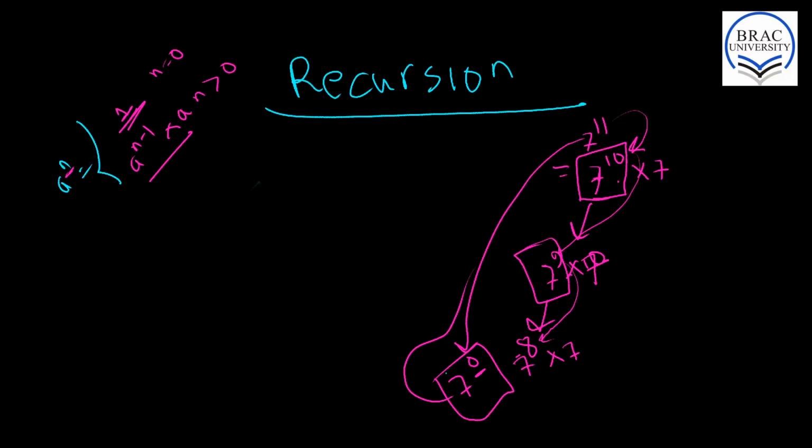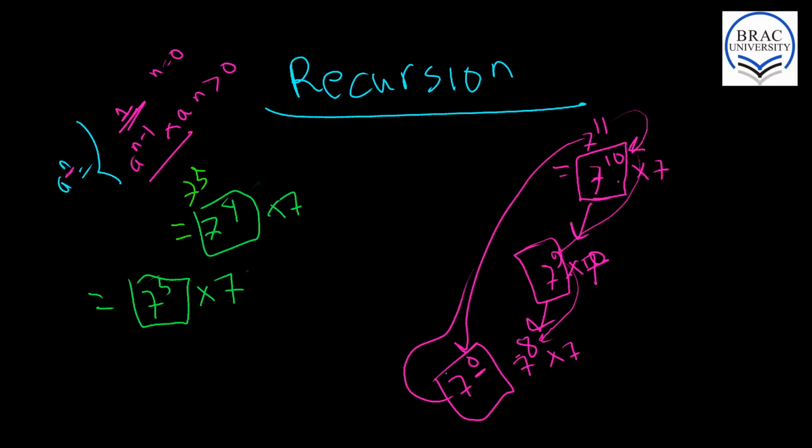Now let's say we want to find 7 to the power 5. If we somehow knew 7 to the power 4, then we could get 7 to the power 5 like this. If we knew 7 to the power 3, we could get 7 to the power 4 like this.